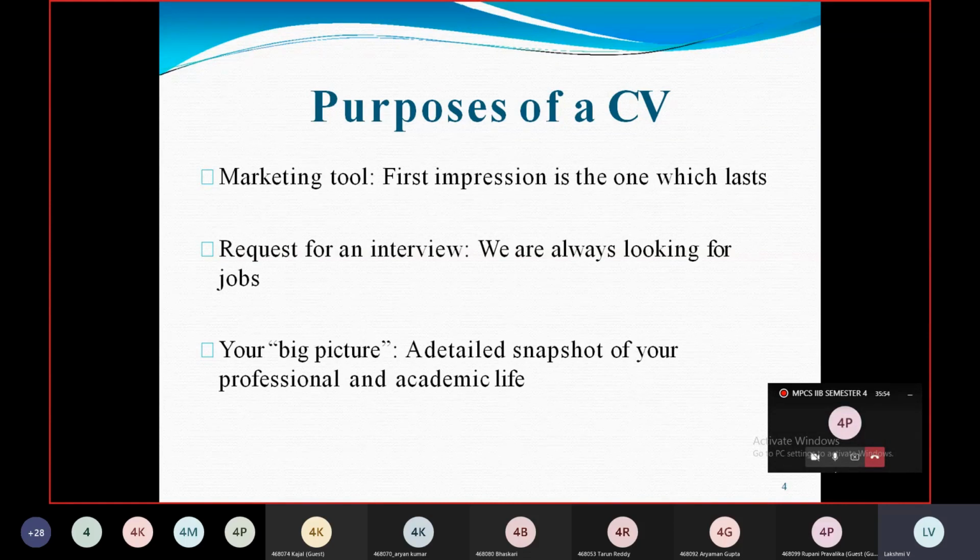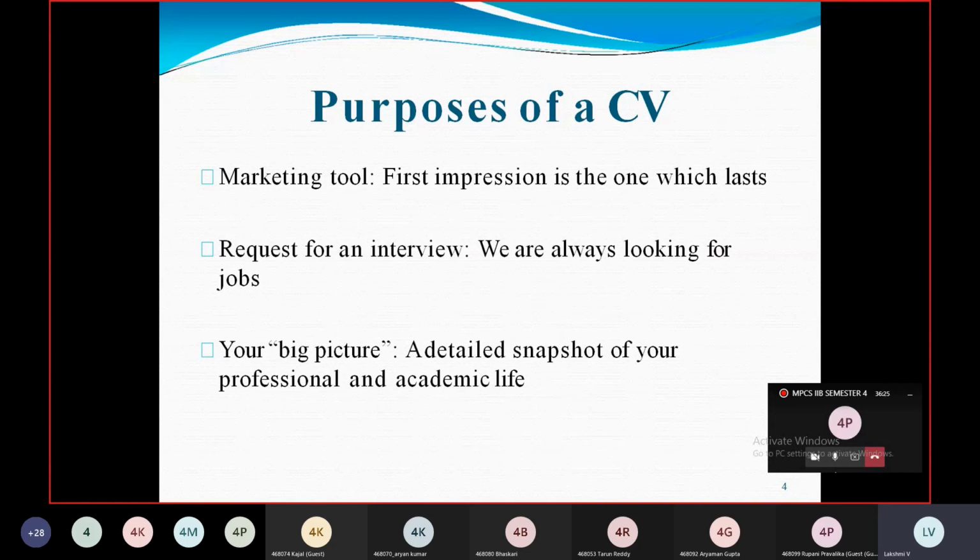Moreover, through this document you're going to make a requisition to the employer that you are the right person to take up that particular job, because a job is a necessary thing we always look for. In detail, this document talks about different perspectives of yours, which will clearly explain to the employer.